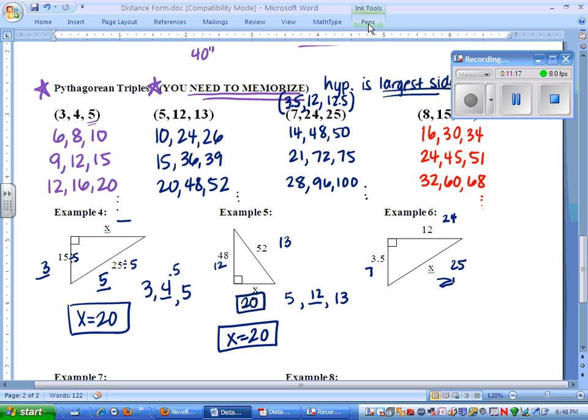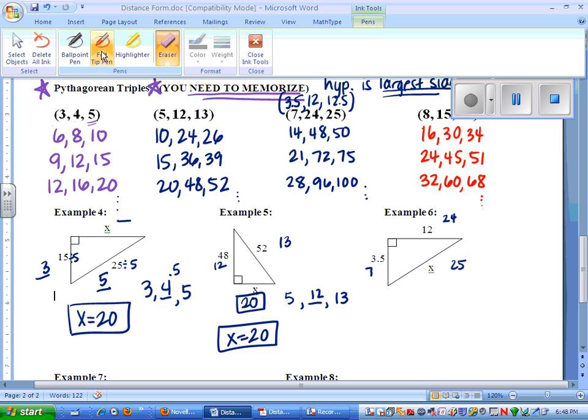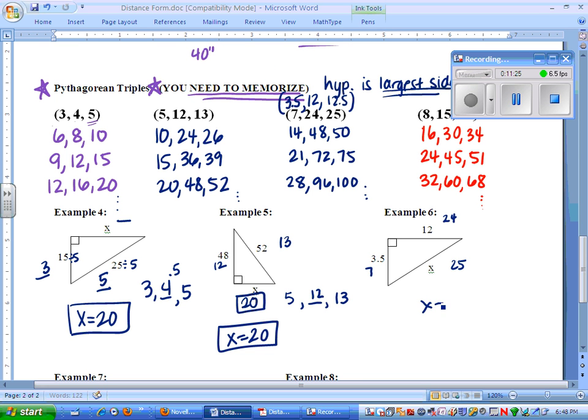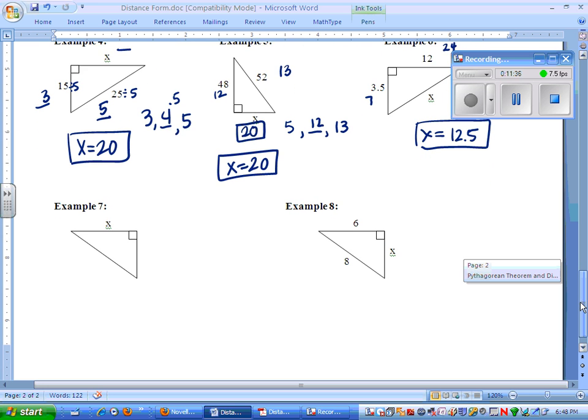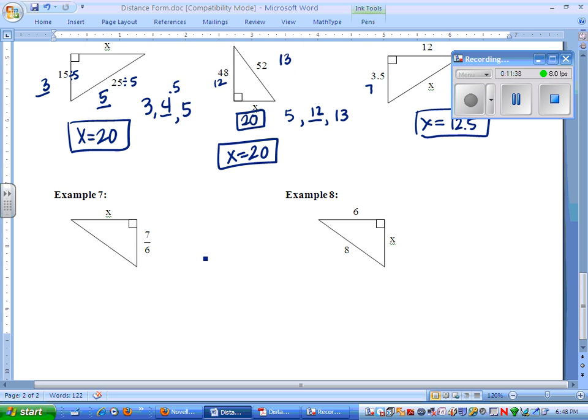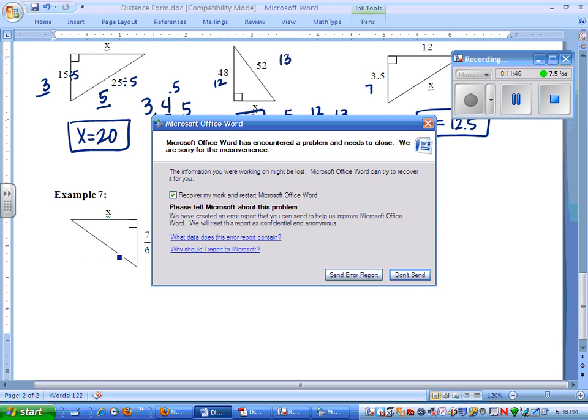If I reverse it and divide by 2, x is going to equal 12.5. This just makes it easier on yourself so you don't have to do the Pythagorean theorem over and over again.